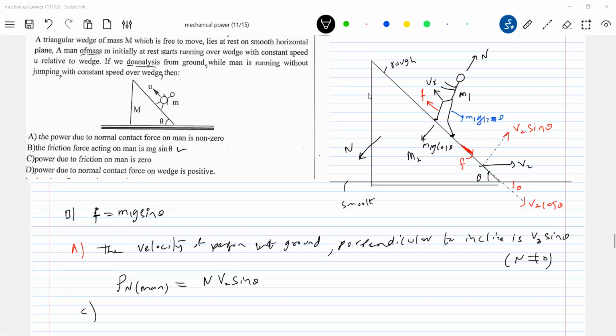For this, what is needed? We needed the velocity of the person with respect to ground along the incline. How to calculate that? We know the velocity of the person with respect to incline, UR, and we know the velocity of the incline, V2 cos theta. I'll go for the relative velocity concept. Shall I write x and y symbols here?